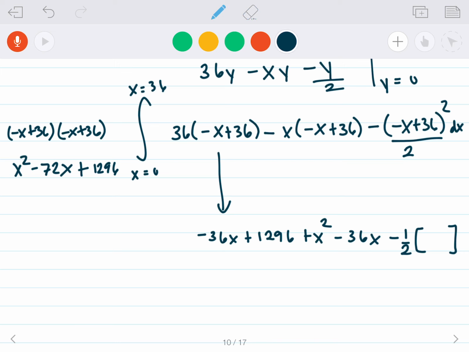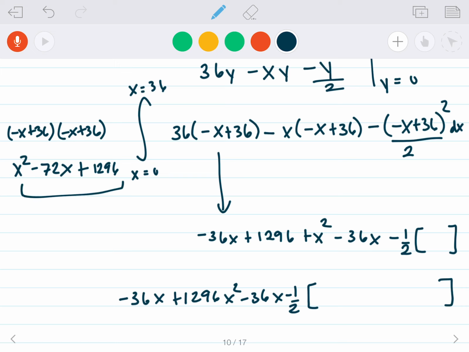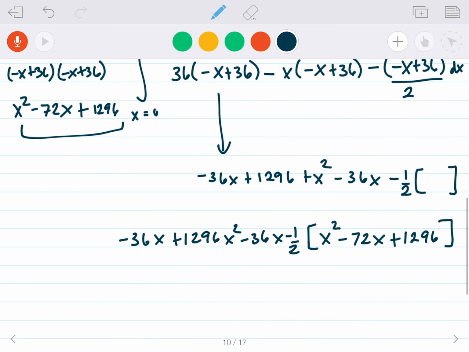All right, so let me just rewrite this, because we haven't integrated with respect to x yet. I'm just trying to clean it up first before we do it. So we get negative 36x plus 1296 x squared minus 36x minus 1/2 times what we just found, which was x squared minus 72x plus 1296. Cool. Okay, so let's go ahead and distribute.